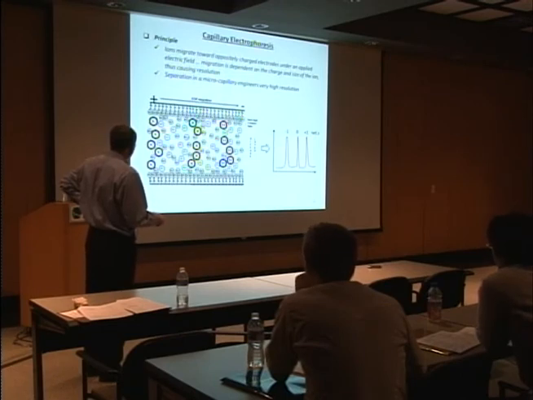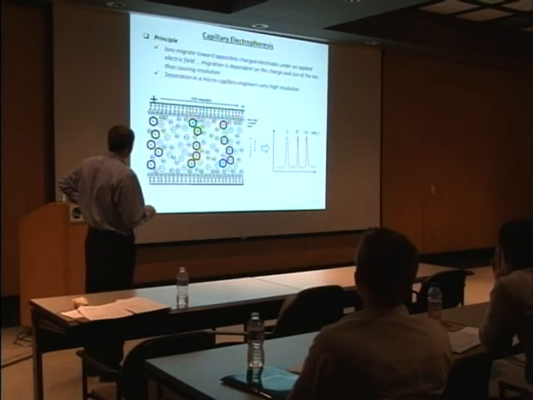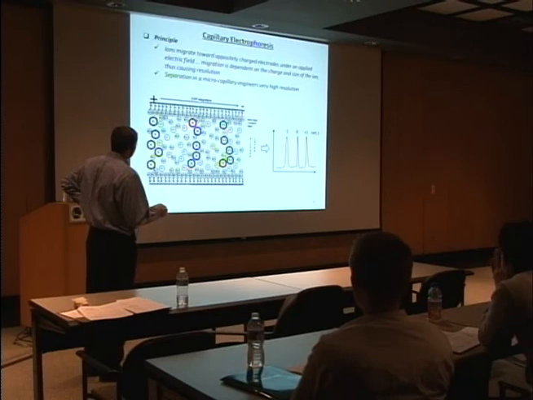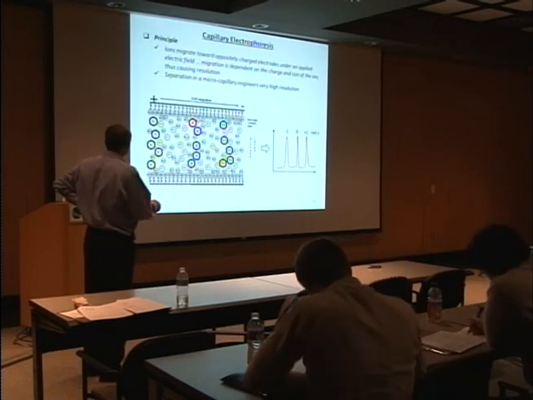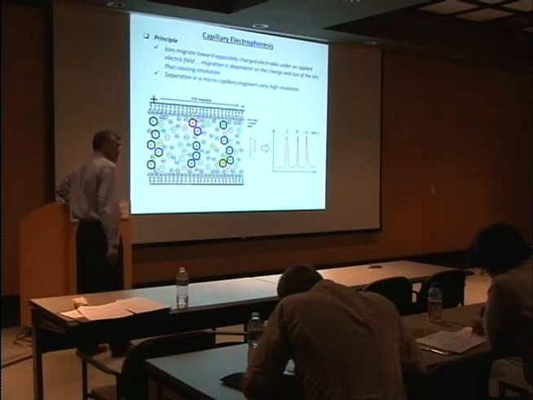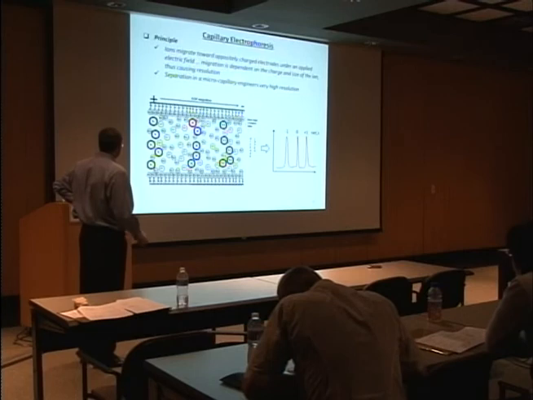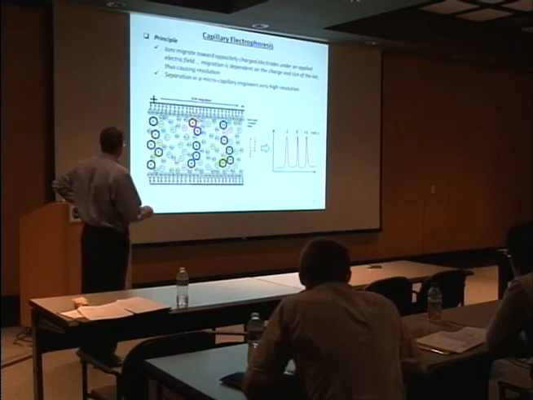Because of this, overall the species get dragged towards the negative electrode, and you generate a flow and a current, and that flow is called the electro-osmotic flow. This is essentially an osmotic flow generated by the application of voltage, arising from differential charges across these two layers and the immovability of this particular layer.